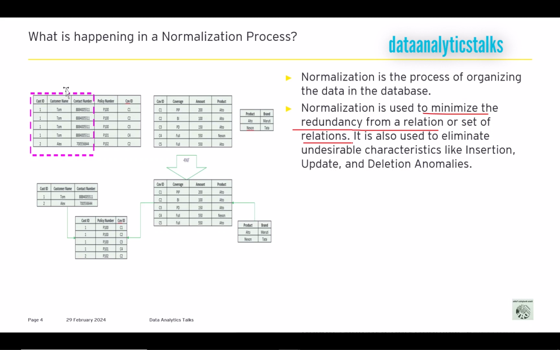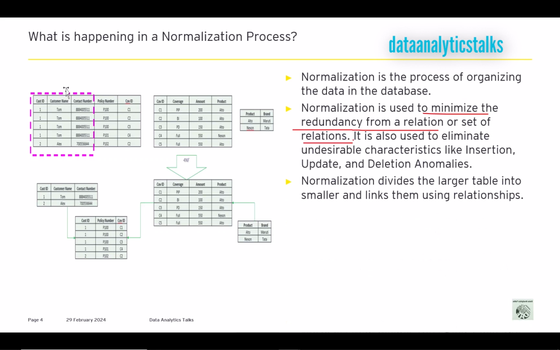So when you put everything in one basket, there will be a lot of redundancies. So in order to avoid the redundancy, normalization is used. Then normalization divides the large table into smaller ones and links them using relationships. I was showing that we have a single non-normalized table that will be split into 1, 2, 3, and 4 tables.